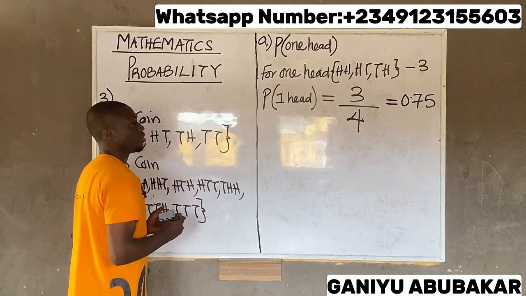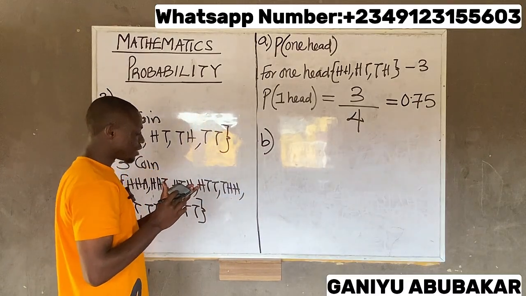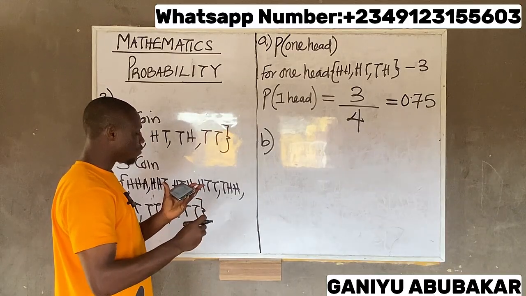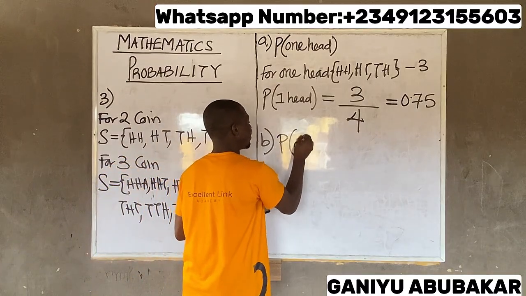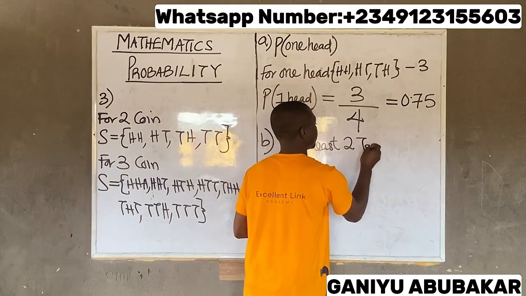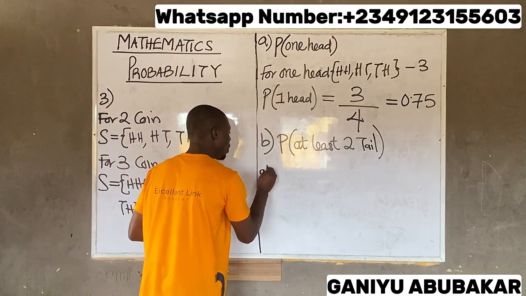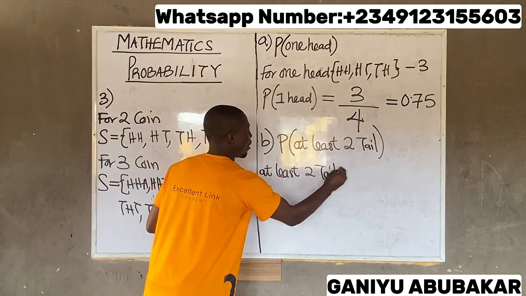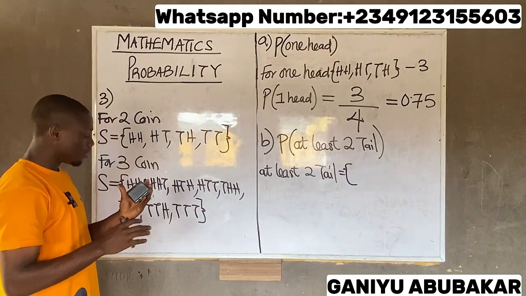That's question A. Question B says if three coins are flipped, what is the probability of getting at least two tails? So let's focus on at least two tails.